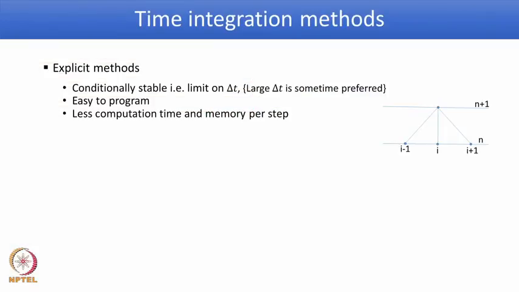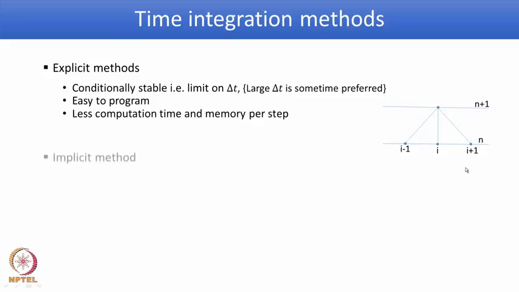It takes less computational time and less memory per step. If you look at the explicit method graphically, the value at n plus 1 is evaluated based on the variable values at the nth level at I minus 1, I and I plus 1.